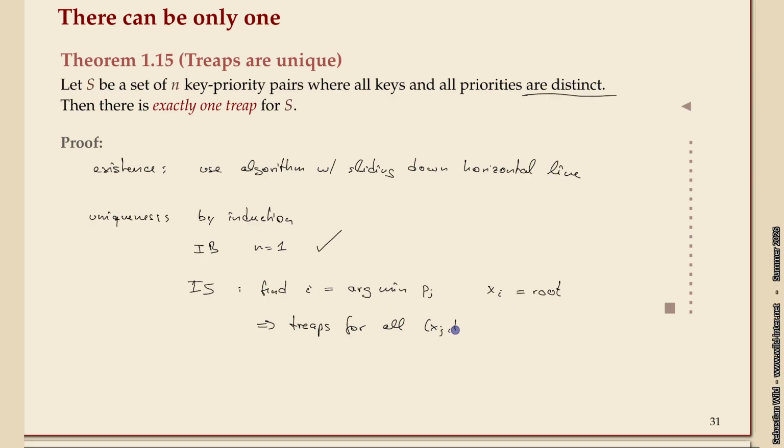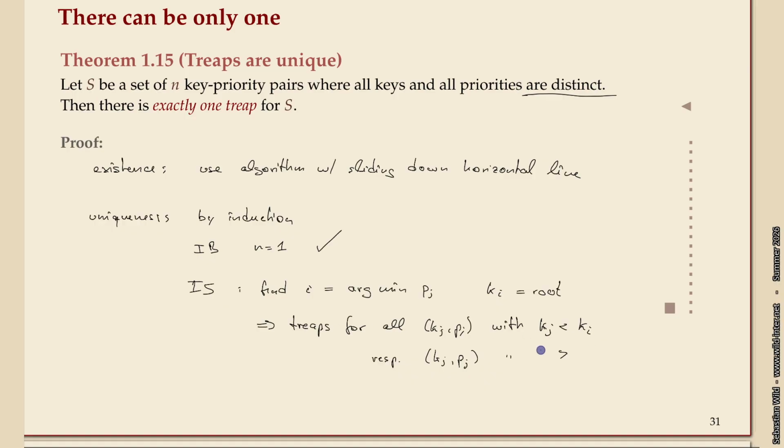I have to have the minimum priority in the root. So I take all kj, pj, where the key is less than the key in the root. I take these, and the same for the larger ones. Again, they're all distinct, so this is exclusive. There's no ties.